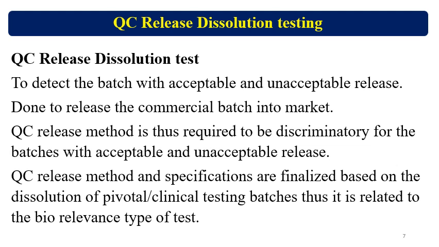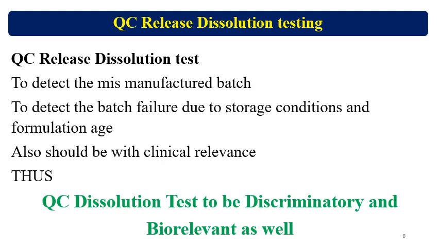Now, you should be clear regarding the QC release testing. QC release is required to detect the mismanufactured batch. So that mismanufactured batch is also detected by the biorelevant method and also by the discriminatory method.